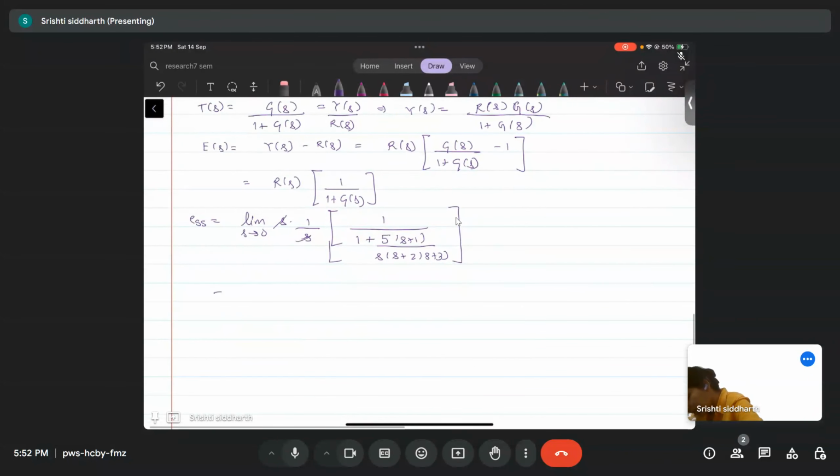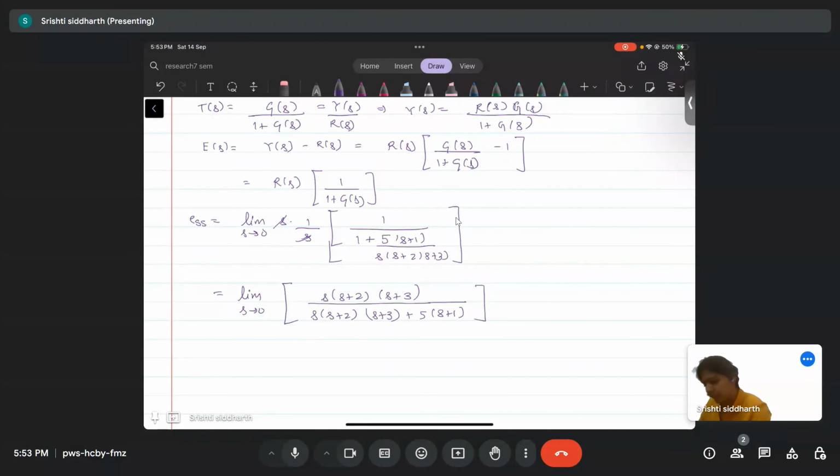This gets cancelled and we have (s plus 2)(s plus 3) over (s plus 2)(s plus 3) plus 5 times (s plus 1). Let's compute the limit. So we get 0 over 5, right? So this is exactly 0. Let's just check this.